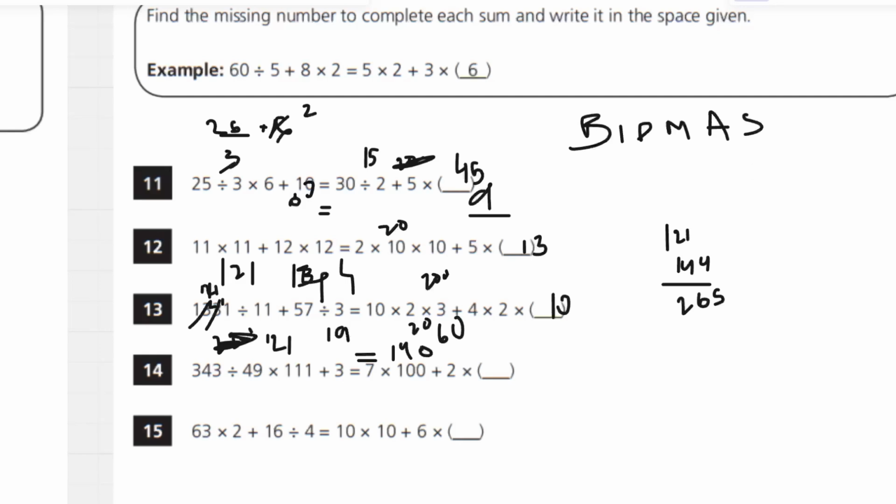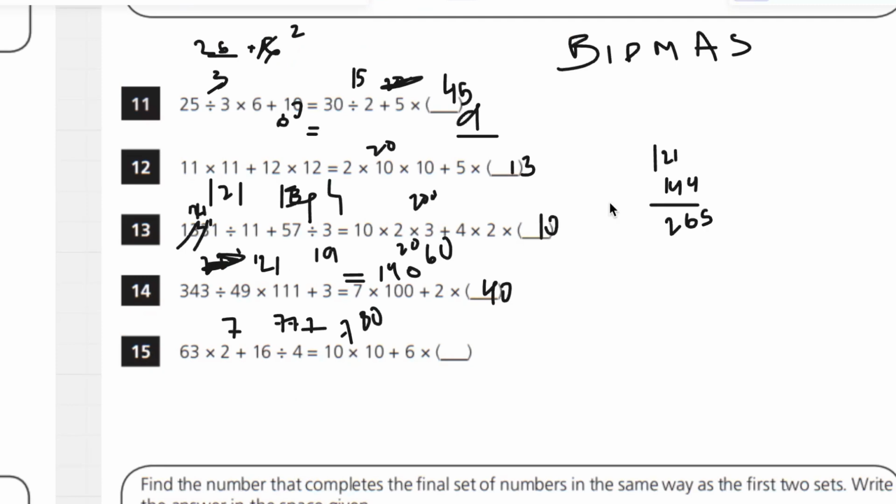Question number 14, 343 divided by 49. I can see that is going to be 7 times 111 is going to be 777. And then that plus 3 is going to give me 780. And then 7 times 100 is going to be 700 plus 2 times 40 to get 780.